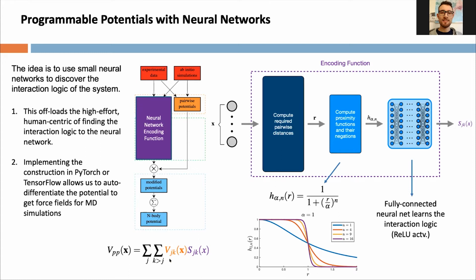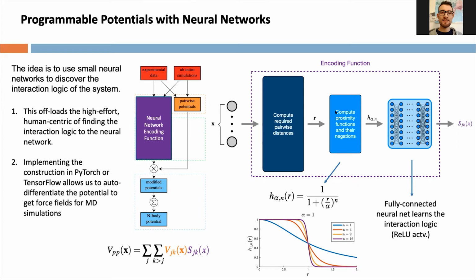We still retain these pairwise potentials, and this gives us a generative model that should extrapolate well outside of its training domain. So what do these encoding functions look like? We take in the positions of all the molecules. They get fed into the encoding function, which computes the required pairwise distances, because the encoding function will depend on different proximities of different atoms.